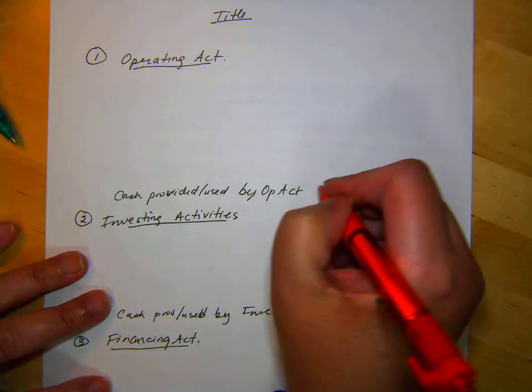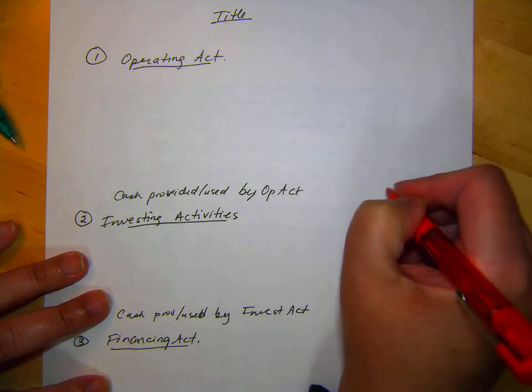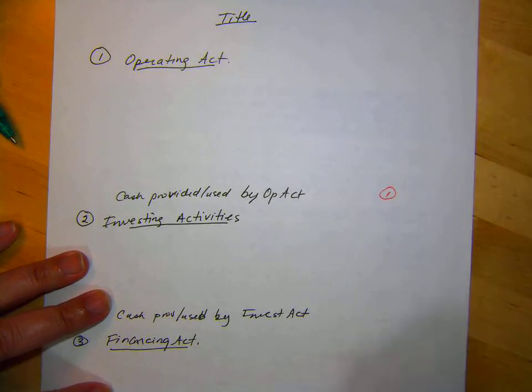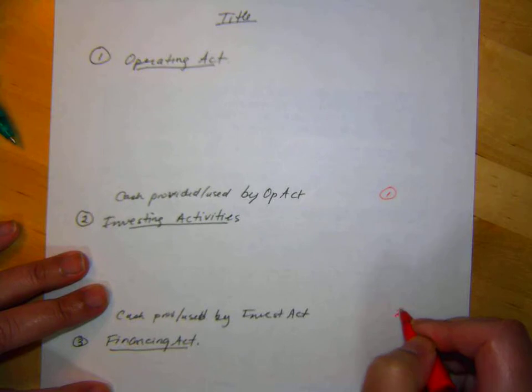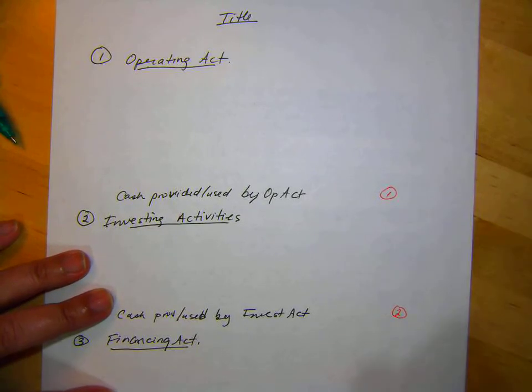So this is going to be our little number 1. This is our 2. Balance here for 3. This is going to be 1 plus 2 plus 3. And then the beginning cash.